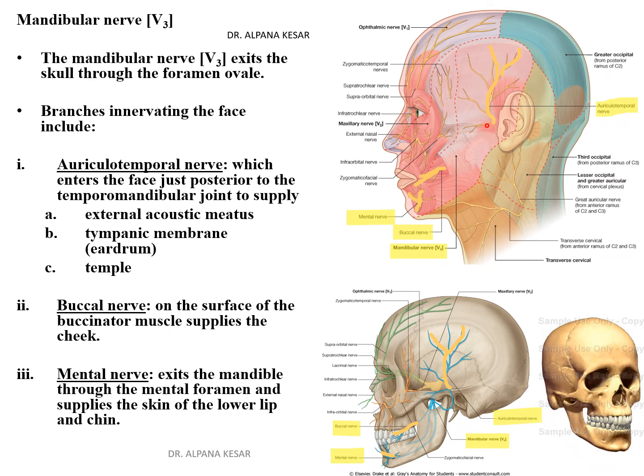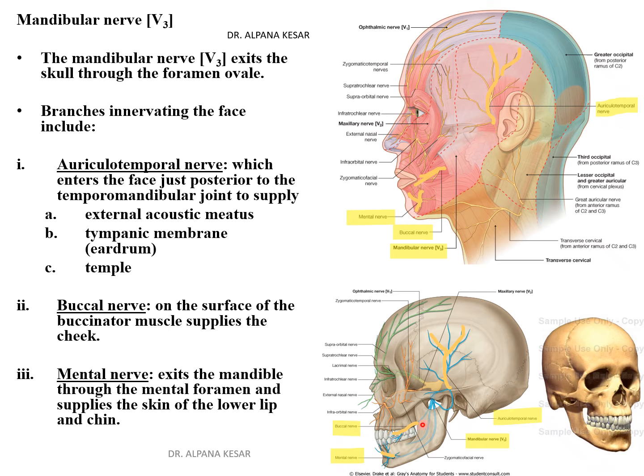Auriculotemporal nerve enters the face by passing posterior to the temporomandibular joint, and it supplies the skin of the external acoustic meatus, tympanic membrane or the eardrum, and the greater region of the skin of the temple.